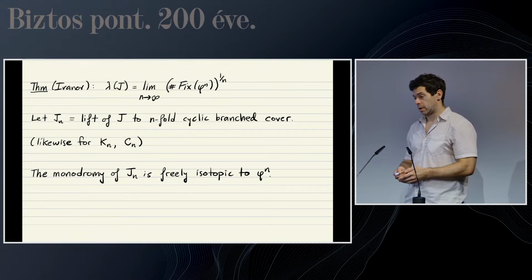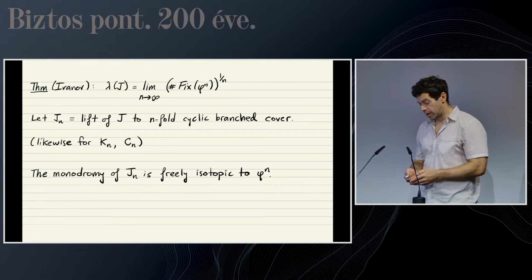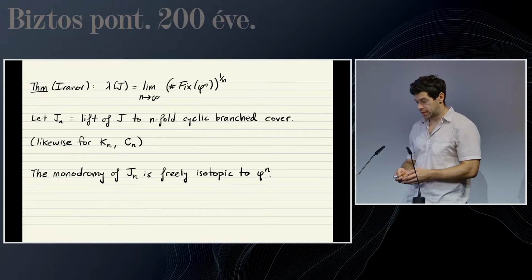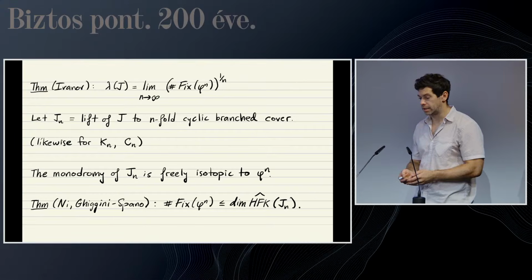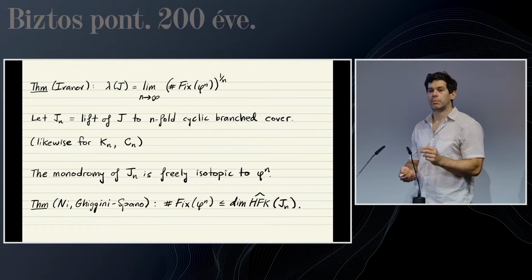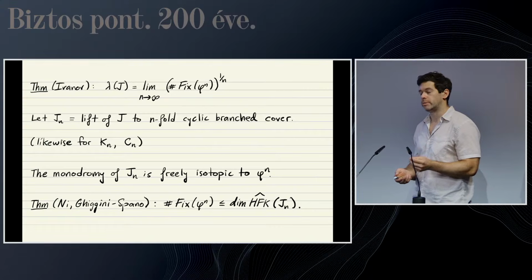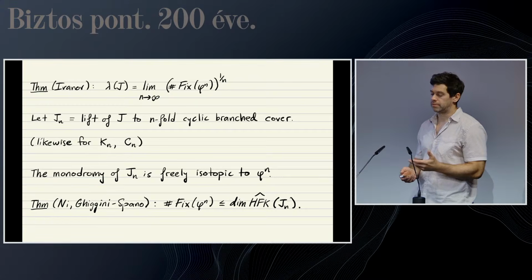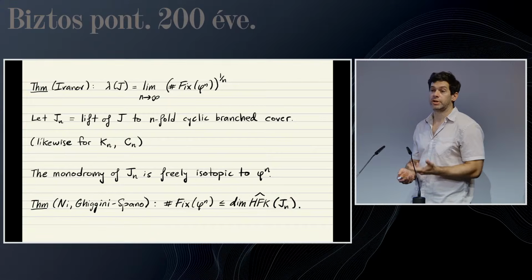Okay, and then we want to get a handle on the number of fixed points of this map. And for that, we're going to use this very nice theorem of Ni and Ghiggini and Spano, which says that actually, if you have a fibered knot, the number of fixed points of its monodromy is bounded above and really, if you're careful, detected by the knot Floer homology of the knot.